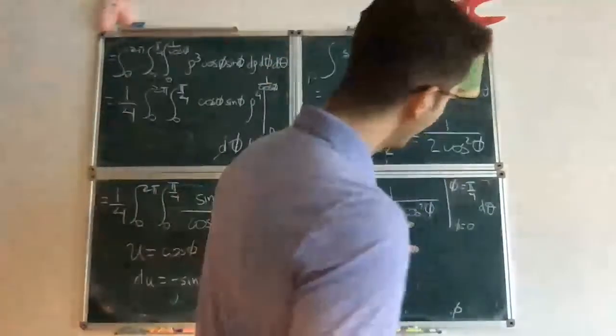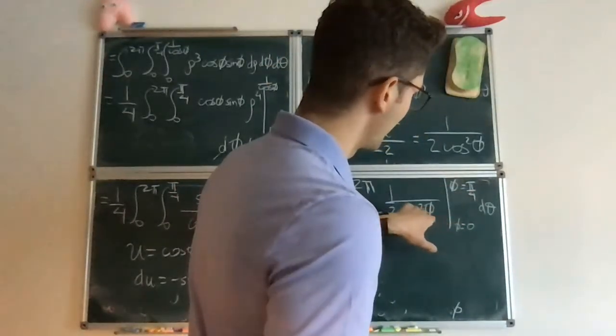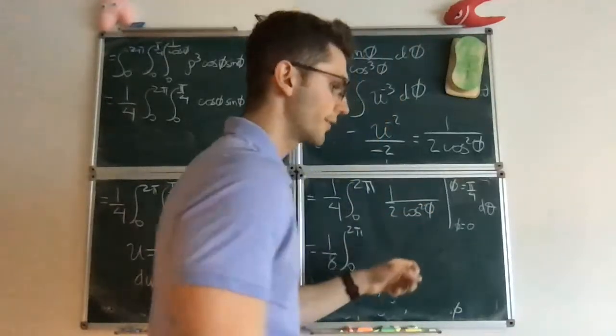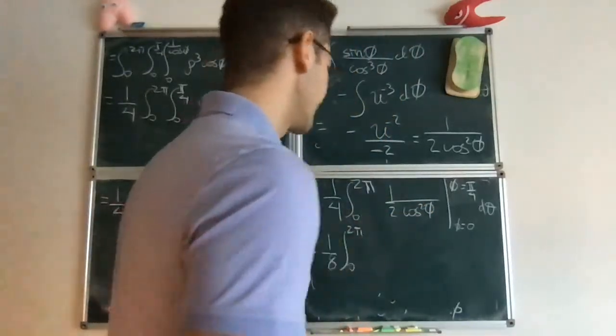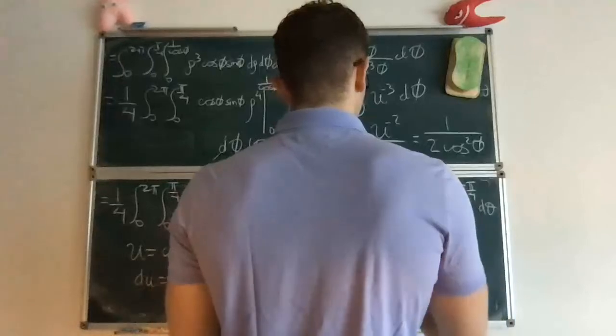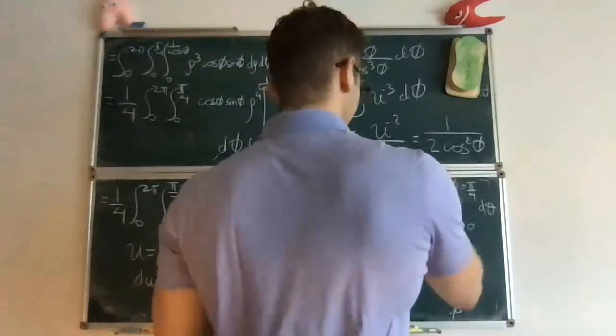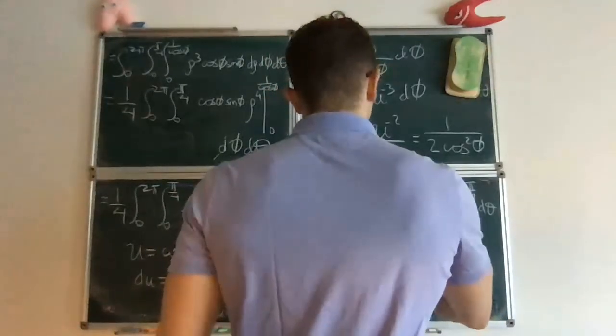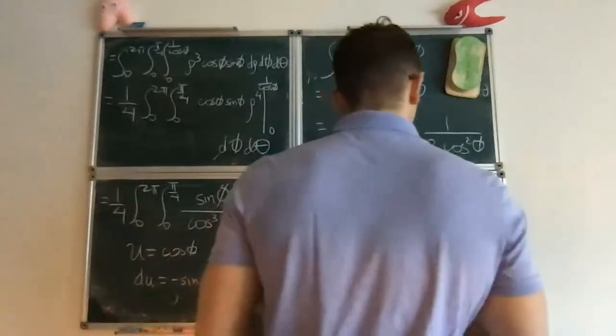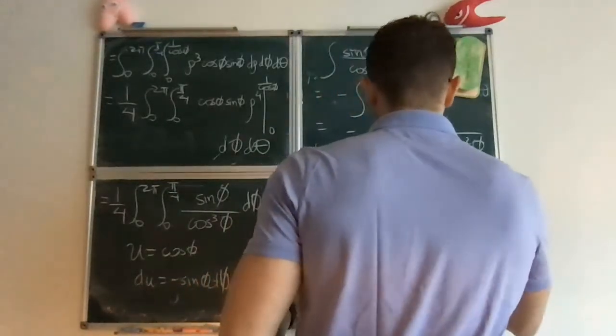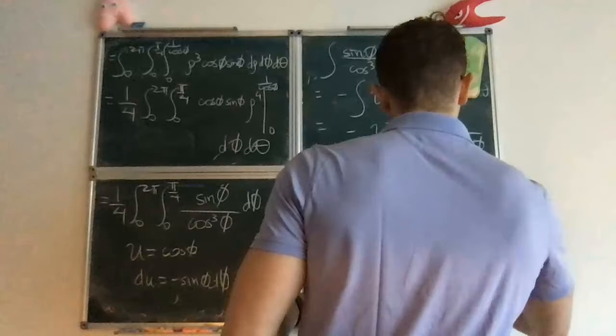So you get 1 over cosine squared of pi over 4. Cosine of pi over 4 is 1 over root 2. So when you square it, you get 1/2, and so you get 1 over 1/2 minus 1 d theta.